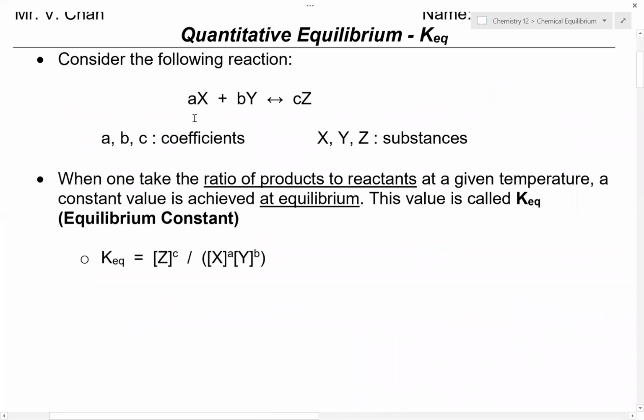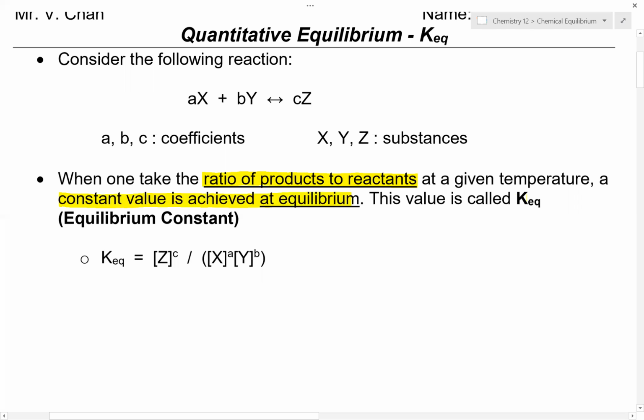Now, if we were to consider the following reaction, aX plus bY gives you cZ, where a, b, and c are the coefficients, and X, Y, and Z are the substances. When we take the ratio of products to reactants at a given temperature, a constant value is achieved at equilibrium.